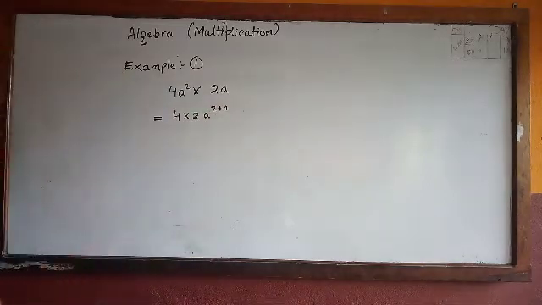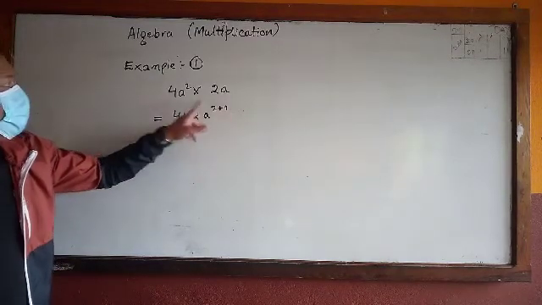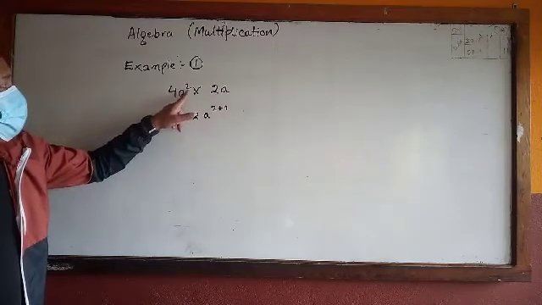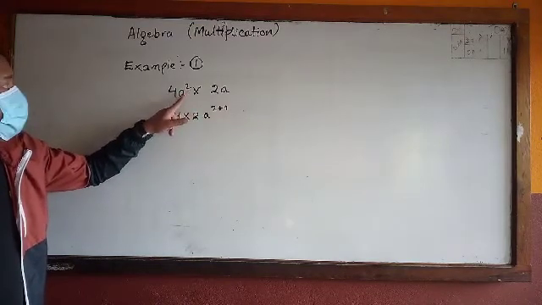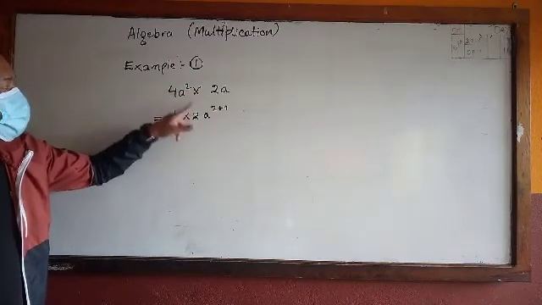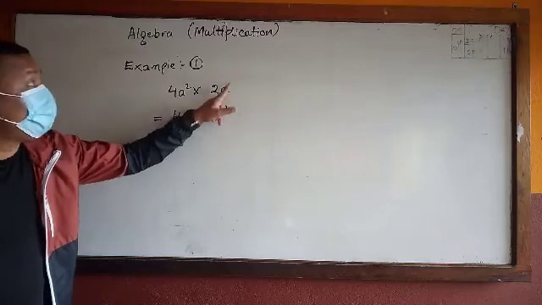Where did the 1 come from? Here, how many a's are there? 2 of them. Likewise here, how many a's? 1 a.